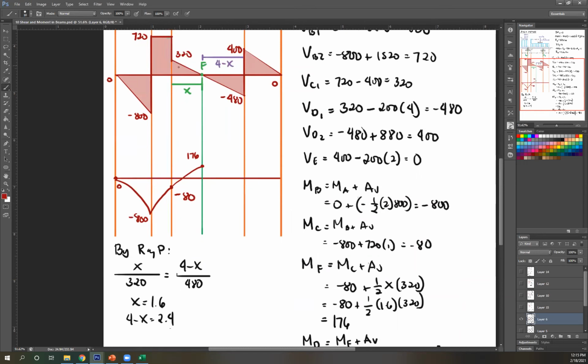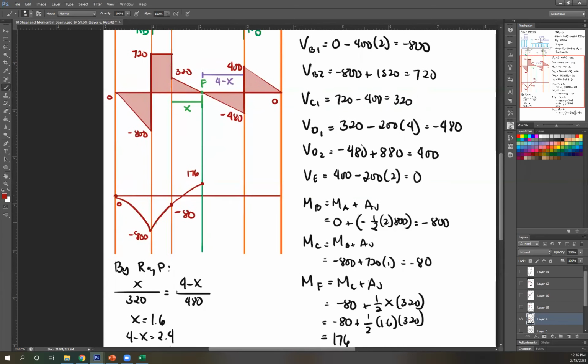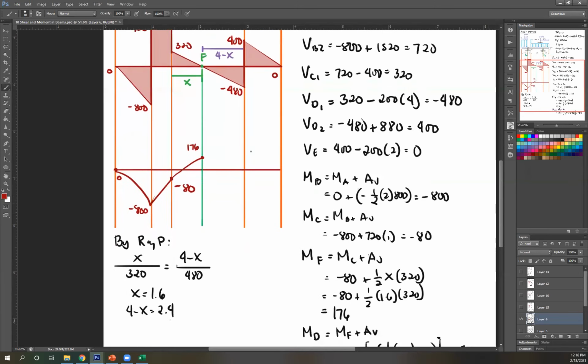This is a sloping line, so this is a parabolic line, right? That's not a straight line. However, this is a straight line. Straight line, parabolic line. Okay? And then we have another parabolic line since this is a sloping line. Downward slope since it's negative area. So you go towards negative 400.